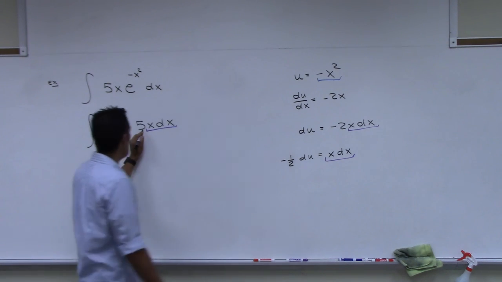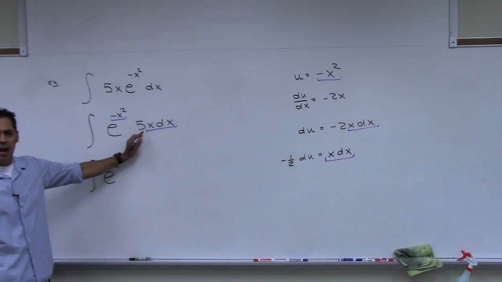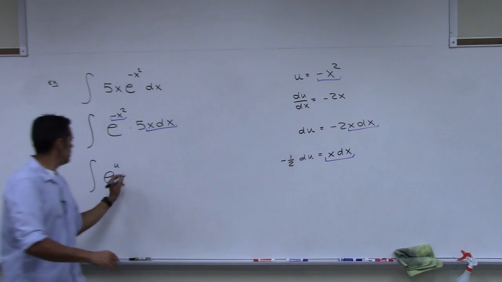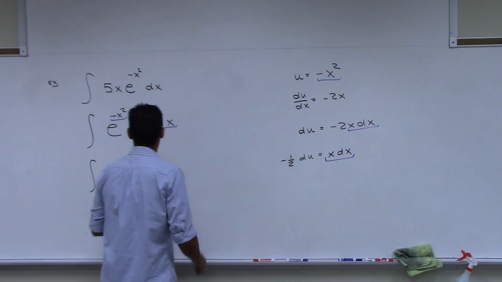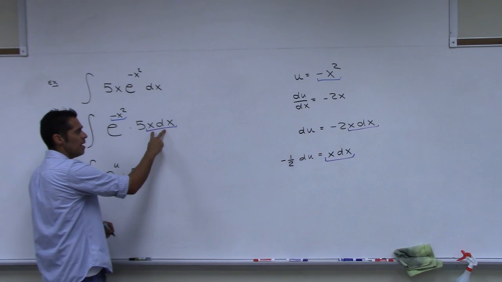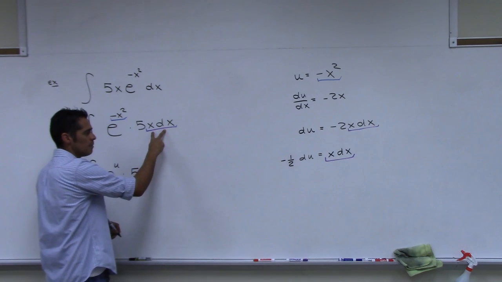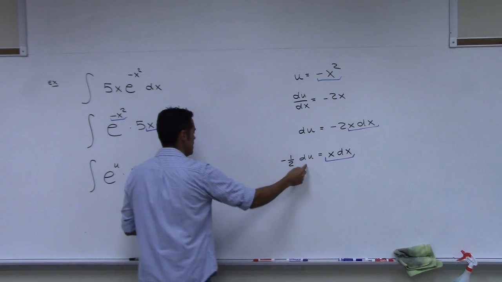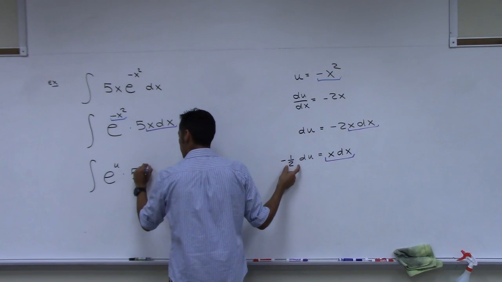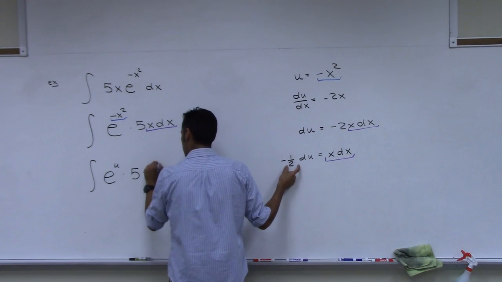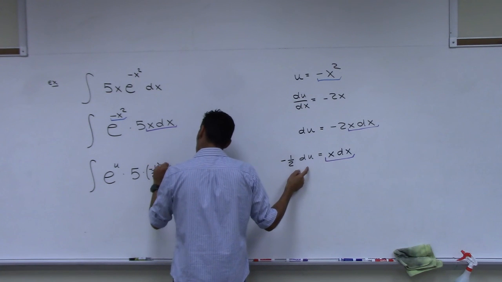Now, the 5, I never even messed with the 5, did I? The 5 is just going to come down. Now, x dx gets replaced with what? Negative 1/2 du. And that's going to be multiplied, so I'm putting negative 1/2 du.